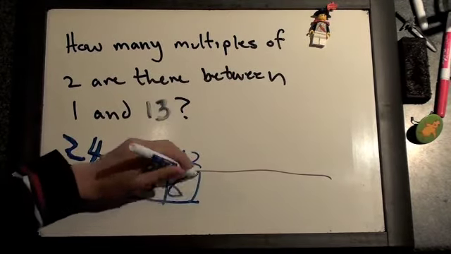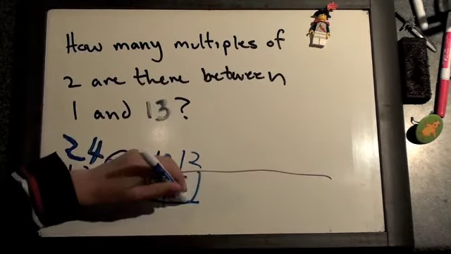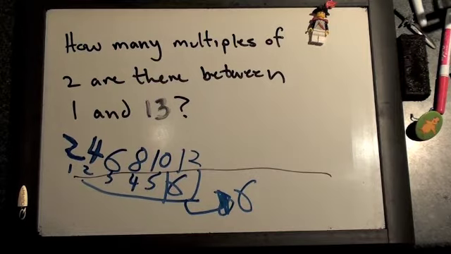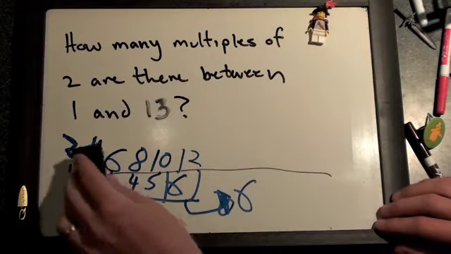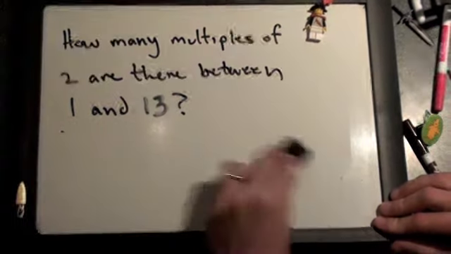Okay. That didn't take too much at all. Well, that's just the beginning. That's a warm-up problem. So we have to figure out, once we know the first one is 2 and the last one is 12, how do we figure out how many there are? That was actually a very good approach by you.